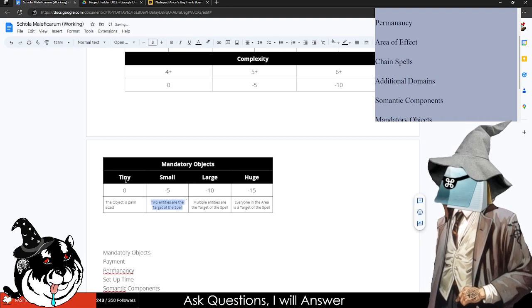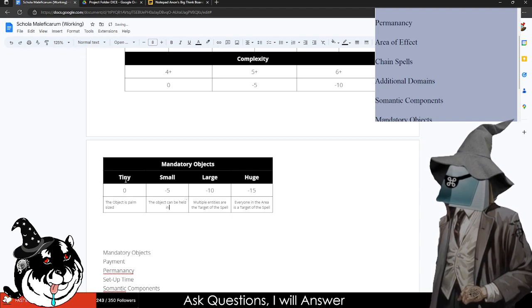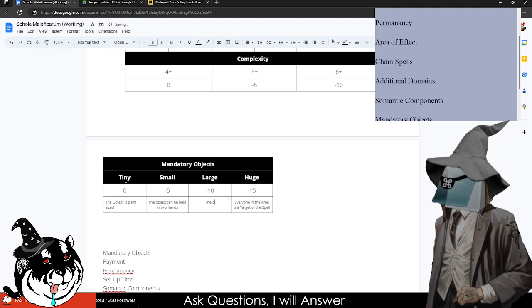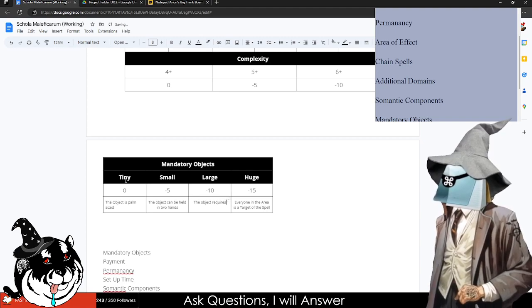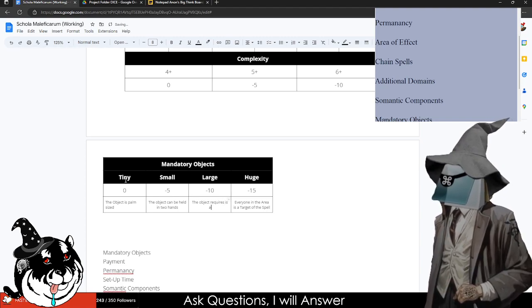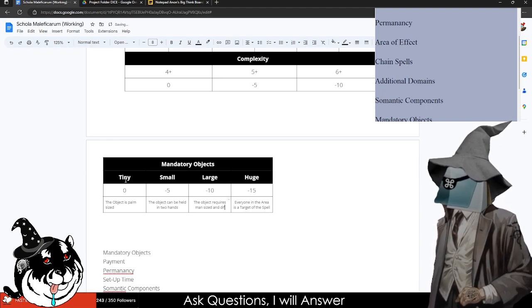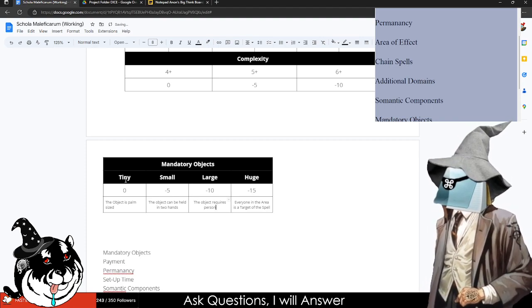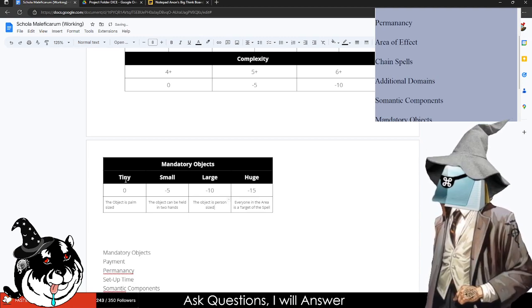The object is person sized. It's a big object.